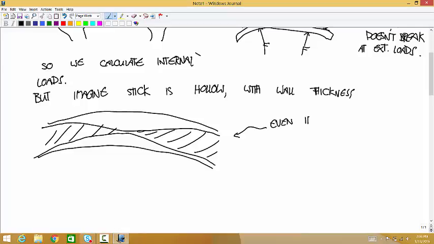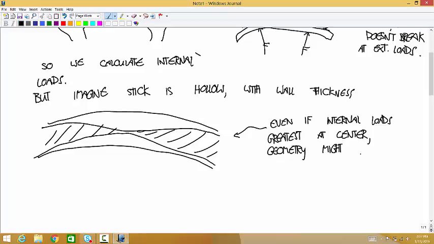Even if the internal loads are the greatest at the center, the geometry might prevent damage at the center. So internal loads aren't enough on their own.